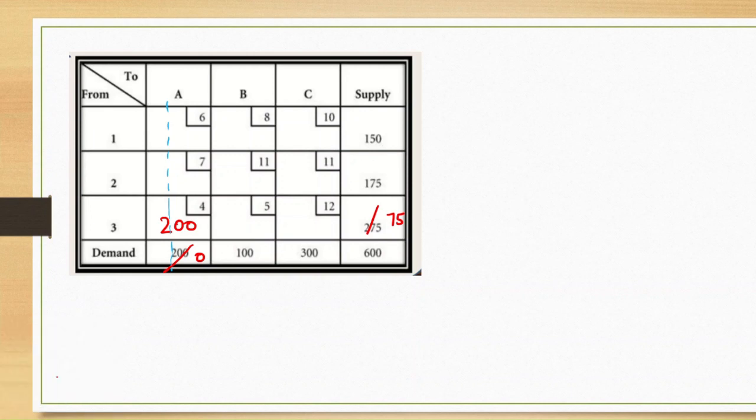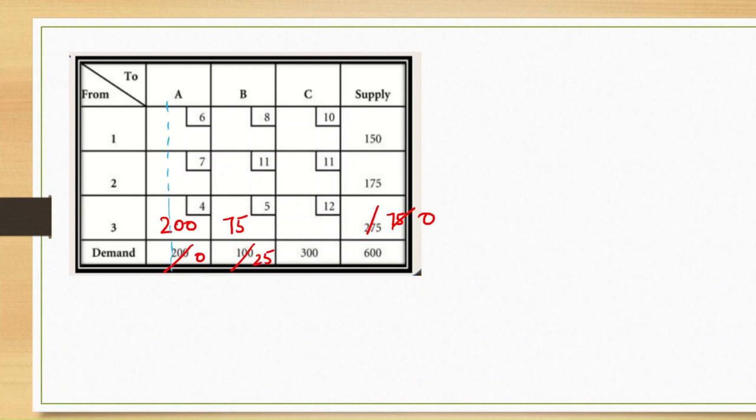For the rest of the matrix, the lowest cost is 5. The minimum of the demand and supply is 75, so I'll allocate 75 units here, from the third source to destination B. Deleting this and writing 25, since 100 minus 75 is 25.